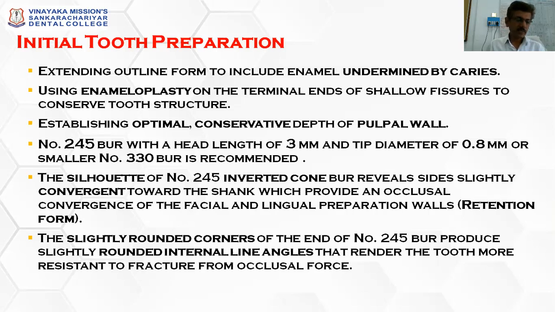Now, these burs are specifically recommended, especially to avoid removing bulky tooth structure in cavity preparation, on account of the fact that you do a wrong selection of the armamentarium. A 245 inverted cone bur has sides slightly convergent towards the shank and helps to provide an occlusal convergence of the facial and lingual preparation walls, especially the retentive form.